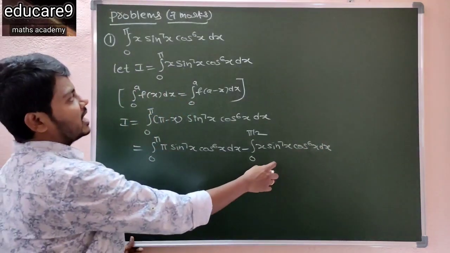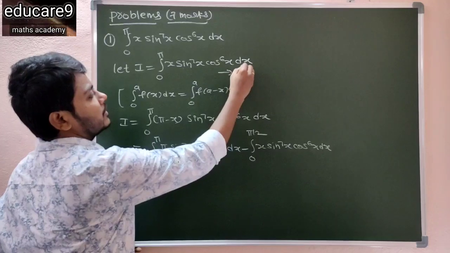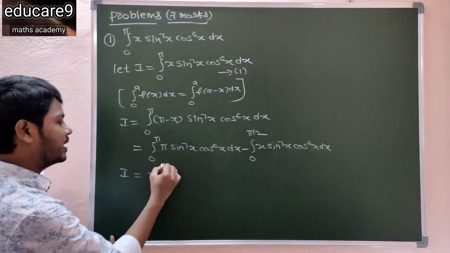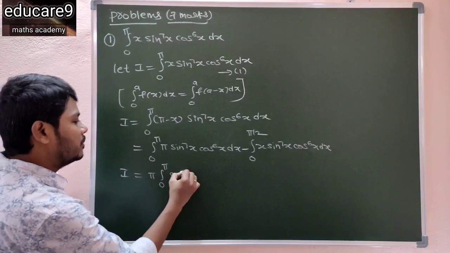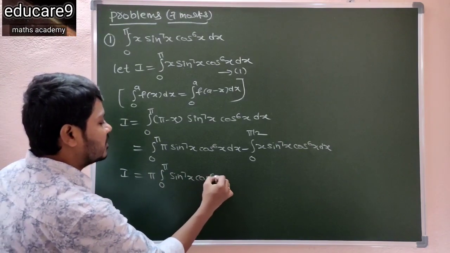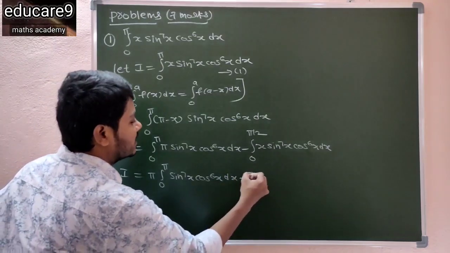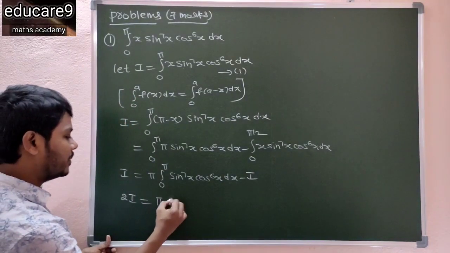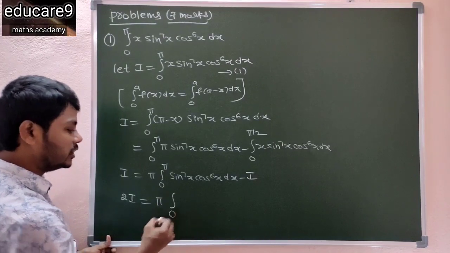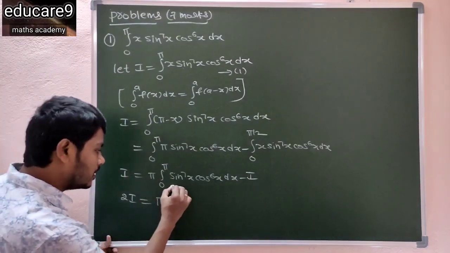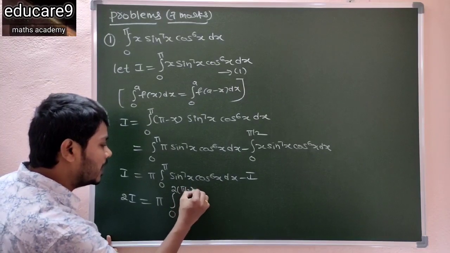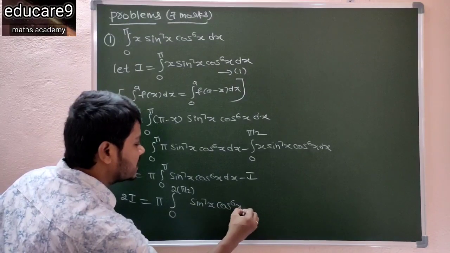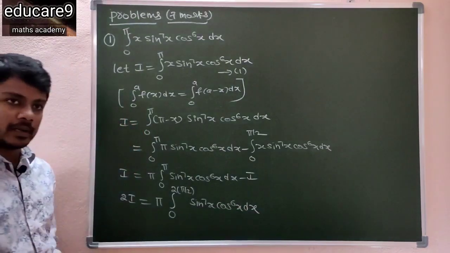So this value is I from equation 1. Therefore I is equal to pi times the integral from 0 to pi of sin^7 x cos^6 x dx minus I. So this is 2I is equal to pi times the integral from 0 to pi, which is 2 times the integral from 0 to pi by 2 of sin^7 x cos^6 x dx.